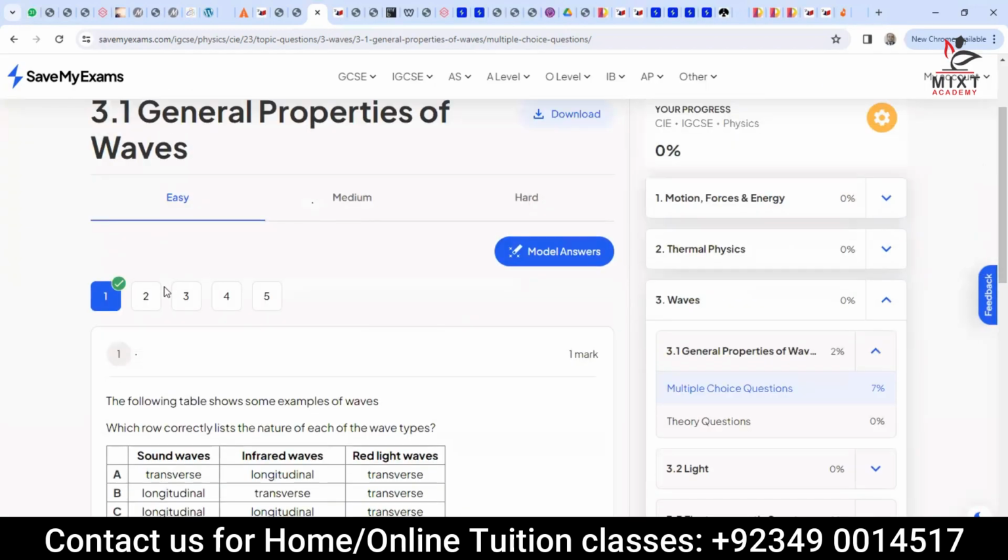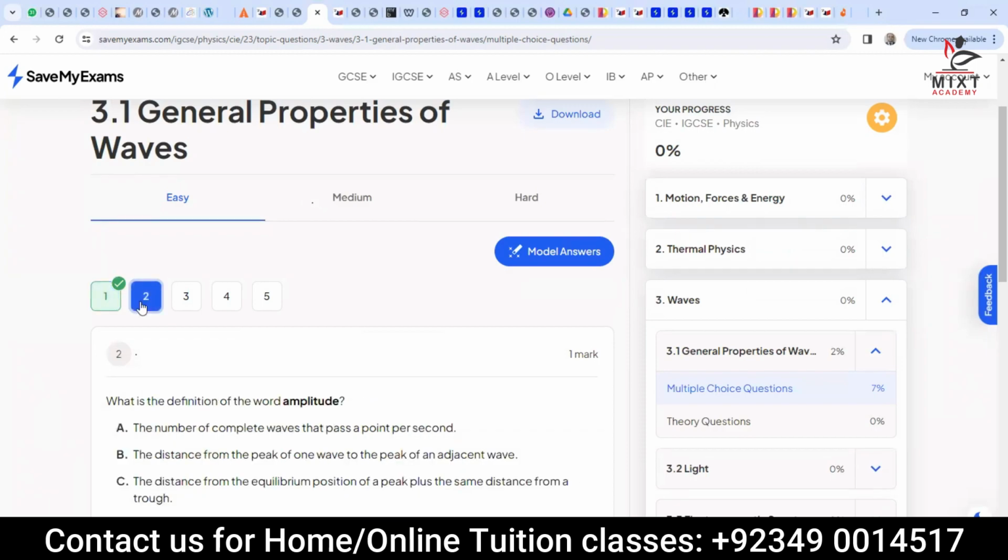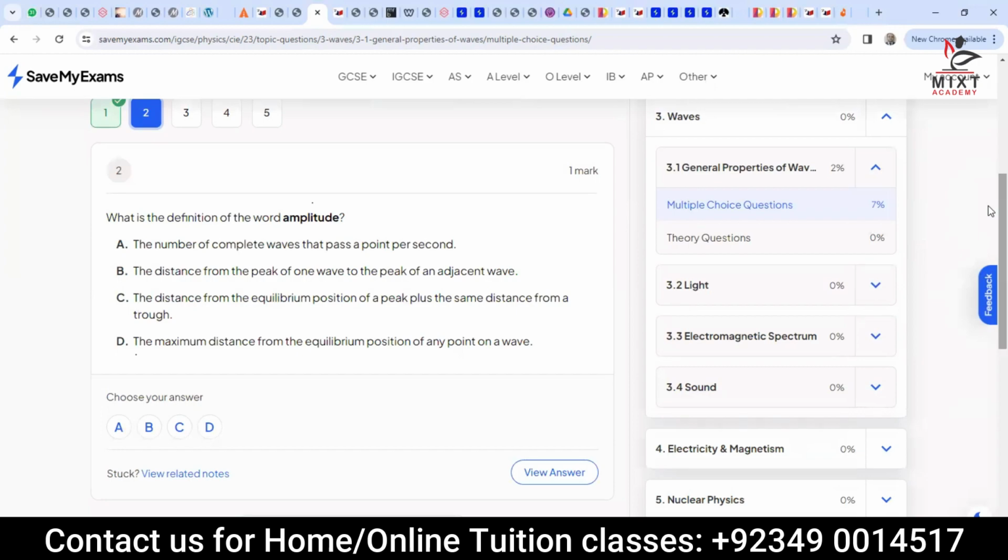The next is 2. Now, what is the definition of the word amplitude? Read it and tell me which one is the right option. Armina, this is your option now. The number of complete waves that pass a point per second; the distance from the peak of one wave to the peak of an adjacent wave; the distance from the equilibrium position to a peak plus the same distance to the trough; the maximum distance from the equilibrium position of any point on the wave.